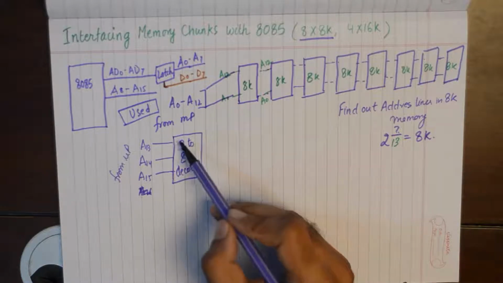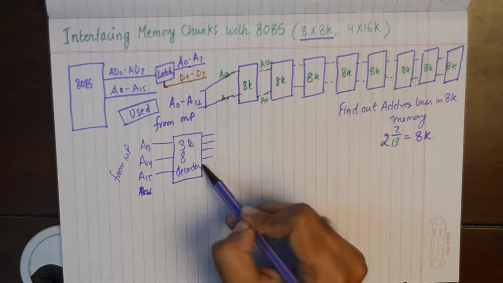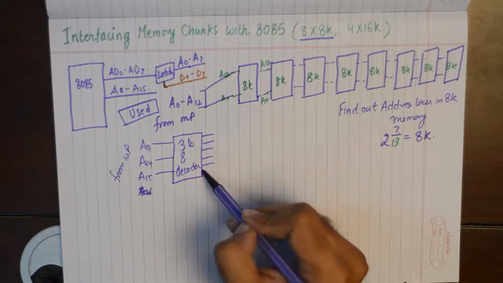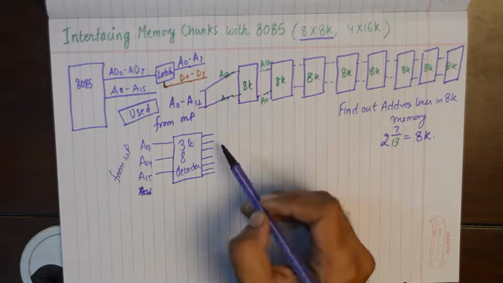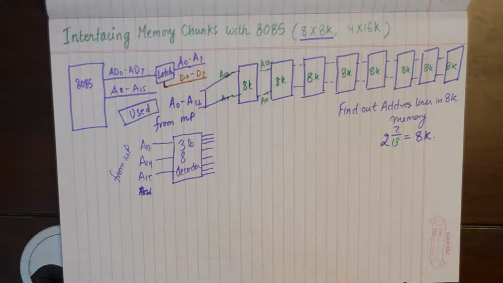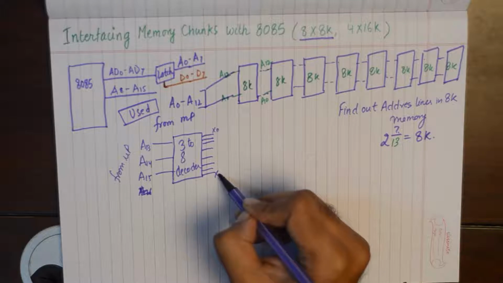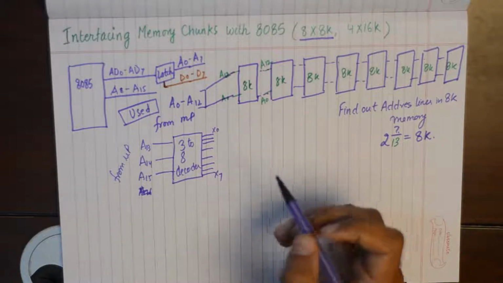These leftover lines are connected to the 3:8 decoder, and they give me 8 outputs from X0 to X7.